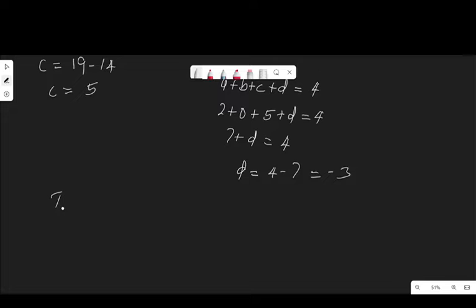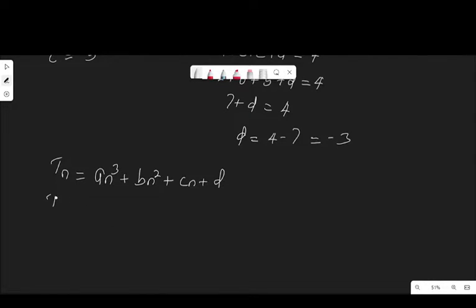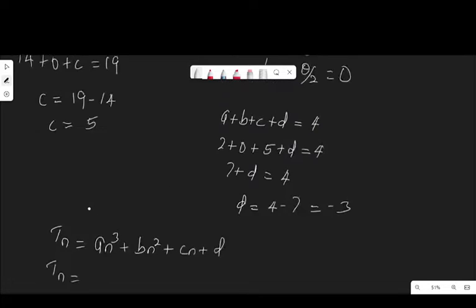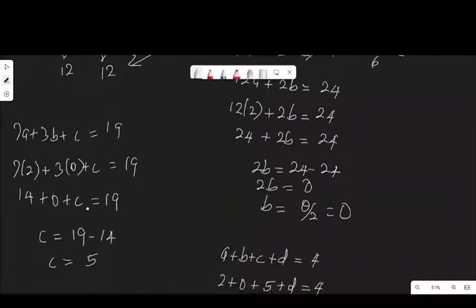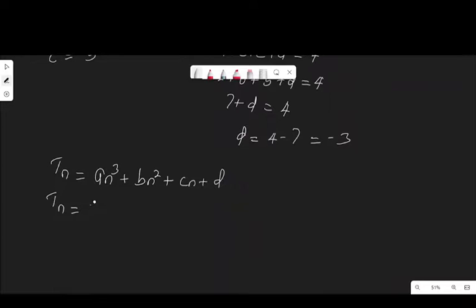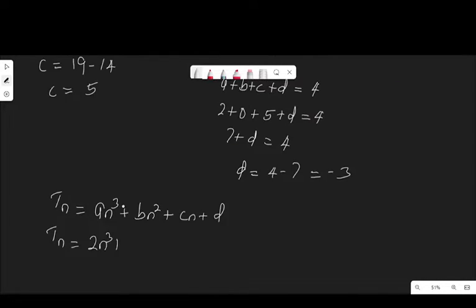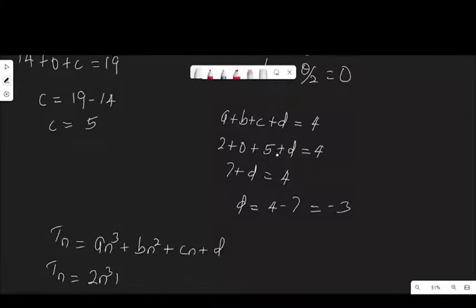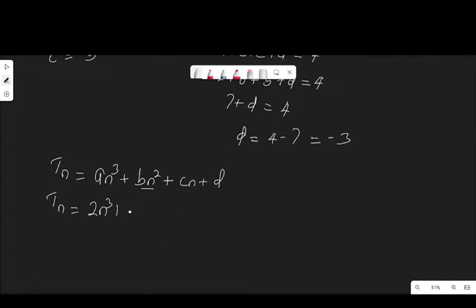And recall that the nth term for any cubic sequence is an to the power of 3, plus bn to the power of 2, plus cn plus d. That means tn here will be, a is 2, so we have 2n to the power of 3. b is 0, so this term will be gone.